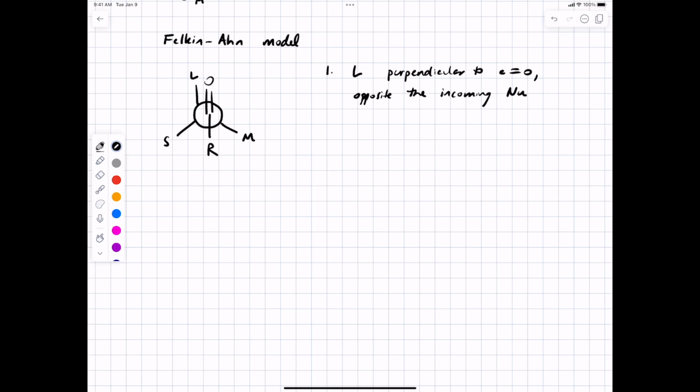And there are two reasons for this. Reason one is sterics. You want the larger group to be out of the way. And then reason two is a hyperconjugation effect.